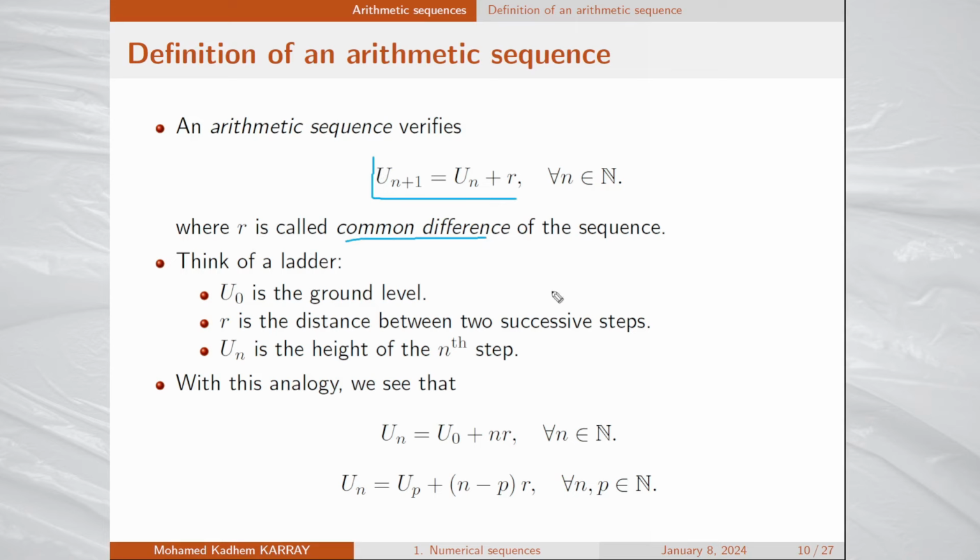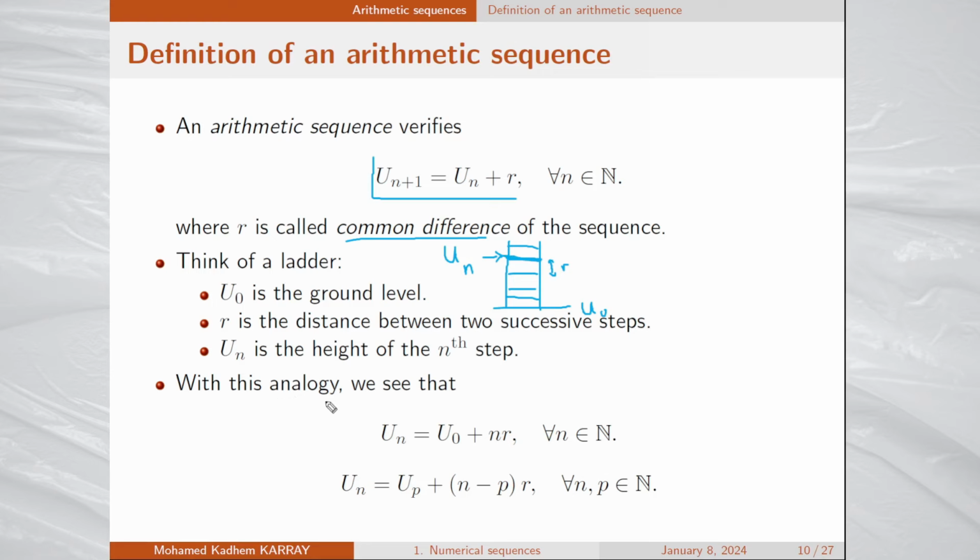You may think of a ladder here, where u0 is the ground level, and then r is the difference between two successive steps here. Imagine that there are many steps in the ladder, and we designate by un the height of the nth step. So un is this value here, this is the nth step.